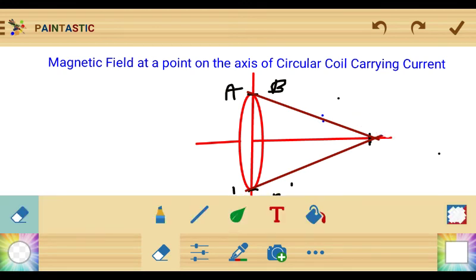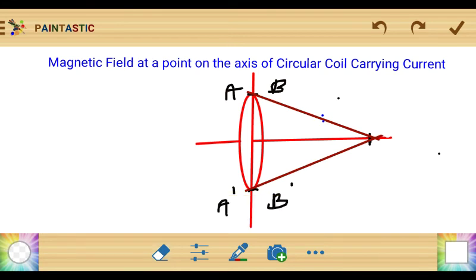Now let's say the distance to point P, remember this is point P, so let the distance from A to P be small r, and this is also r. And from the center of the circle, the point P is at a distance, let's say, x.